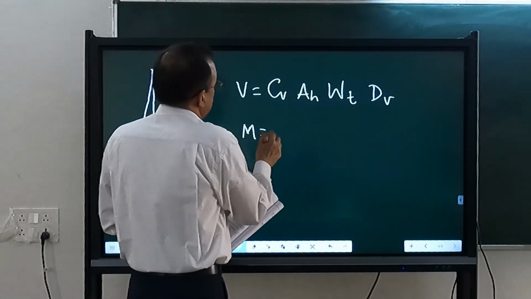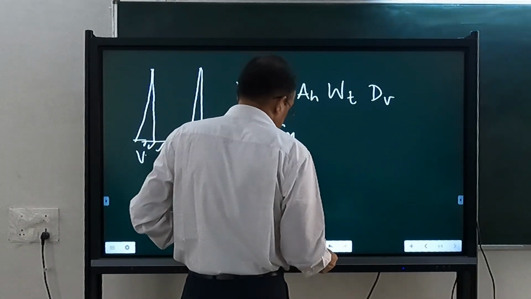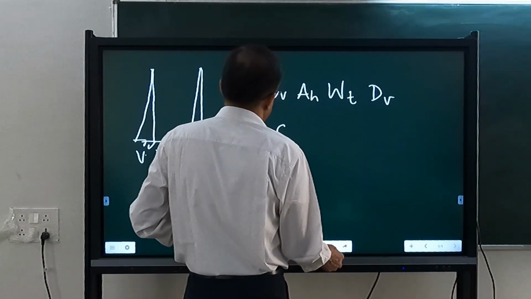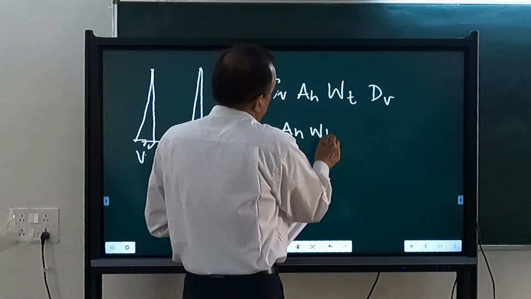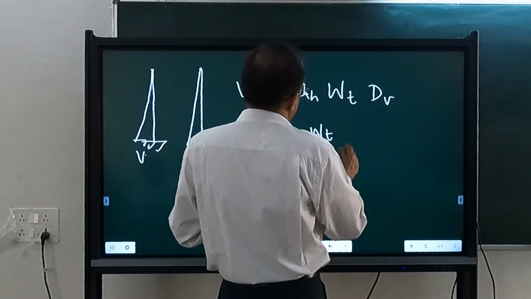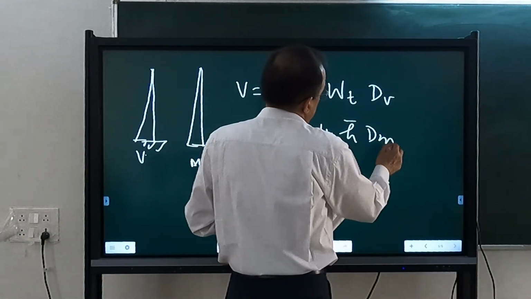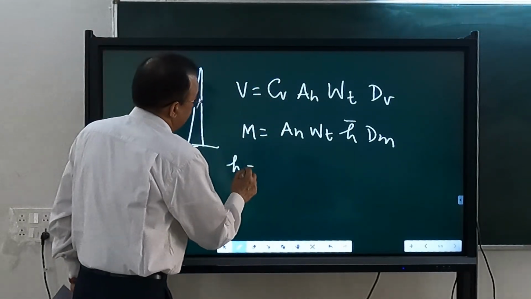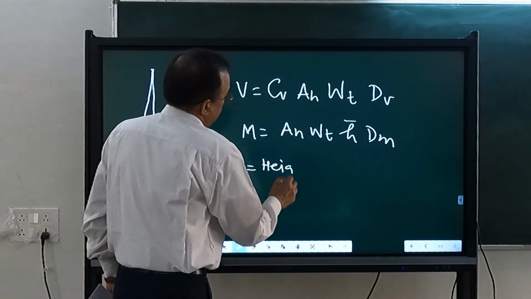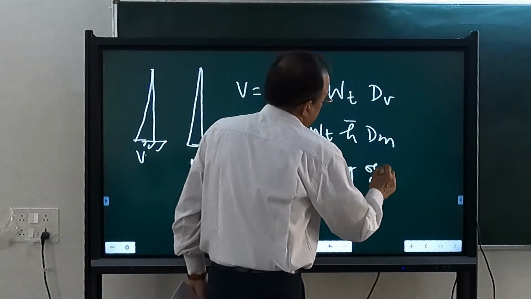Similarly, M is equal to AH, WT into H bar. What is this H bar? H bar is the height of the CG of mass.